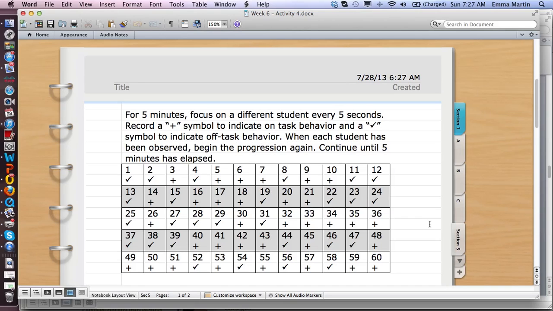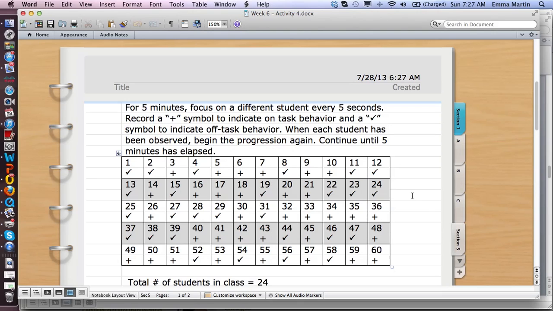We have 24 students in the classroom, so we're going to collect data on all 24 students. We look at student 1 for 5 seconds, move to student 2, then student 3. If we look at the data here, students 1 and 2 were off task, student 3 was on task during that 5-second interval. Student 4 off, students 5, 6, and 7 on. And when we get down to number 24, we start all over again.